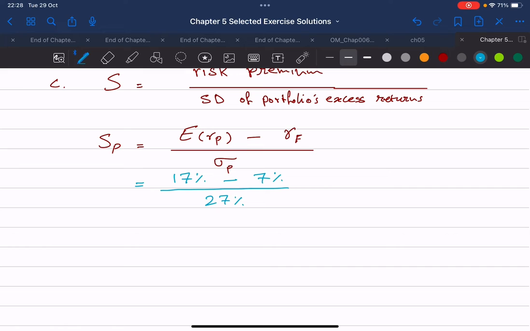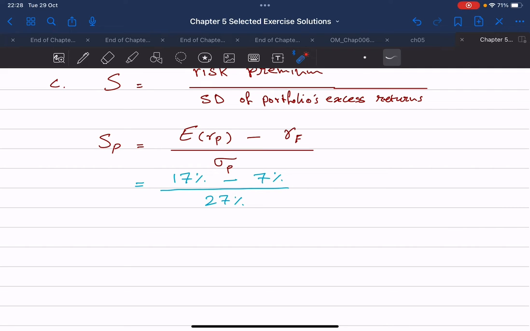Okay? You can either substitute in percentages or in decimal places. It doesn't make a difference as long as you are careful and make sure that both the numerator and the denominator have the same format. Okay?